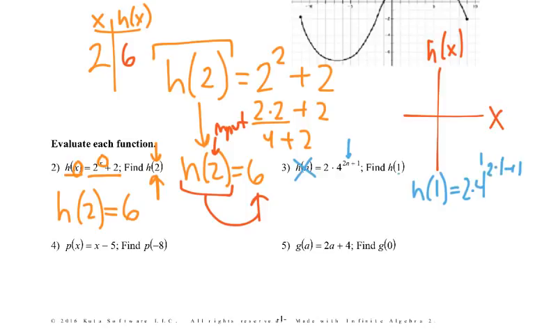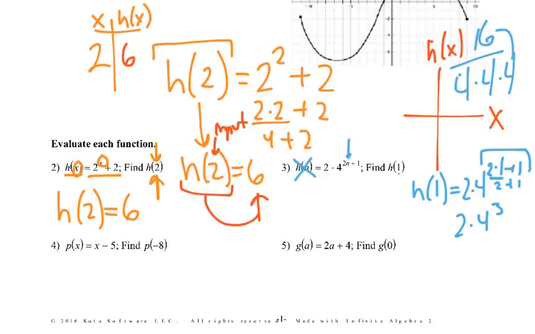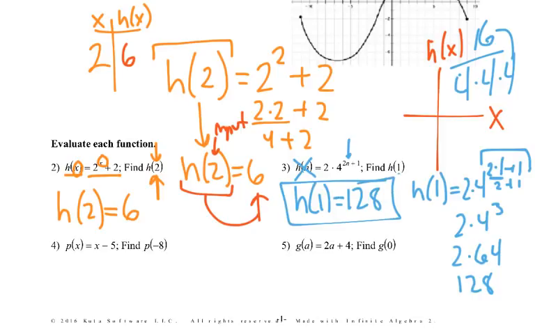Now order of operations, I deal with what's up here first. 2 times 1 is 2, plus 1 is 3, so 4 cubed. 4 cubed is 4 times 4 times 4. 4 times 4 is 16. Multiply by 4 one more time, and that's 64. So 2 times 64 is 128. So h of 1 equals 128. And that's how you write your answer.